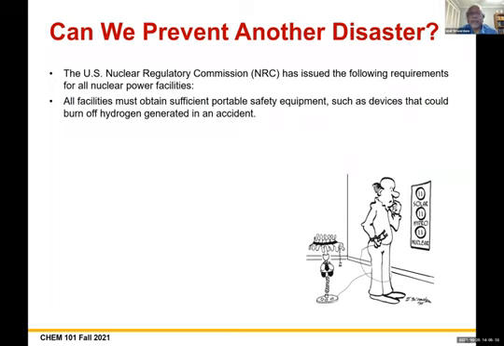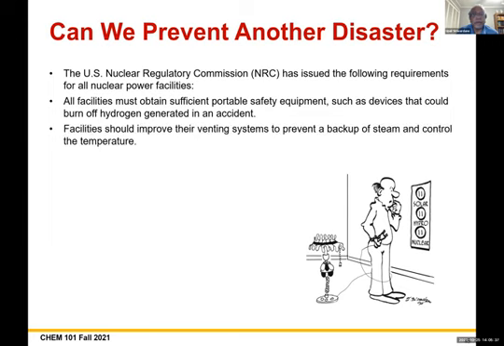According to the NRC, the Nuclear Regulatory Commission, the following requirements must be met in all nuclear power facilities. All facilities must obtain sufficient portable safety equipment, such as devices that could burn off hydrogen if generated in an accident. Graphite with hydrogen and water produces hydrogen that can cause an explosion.